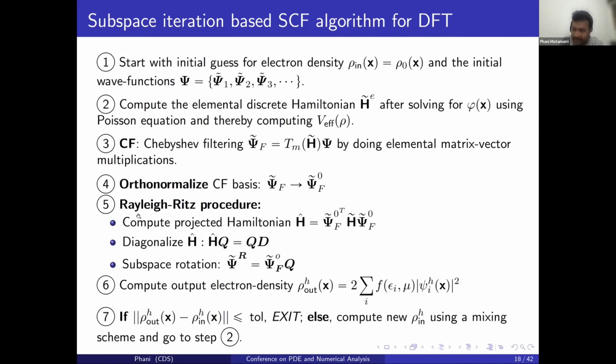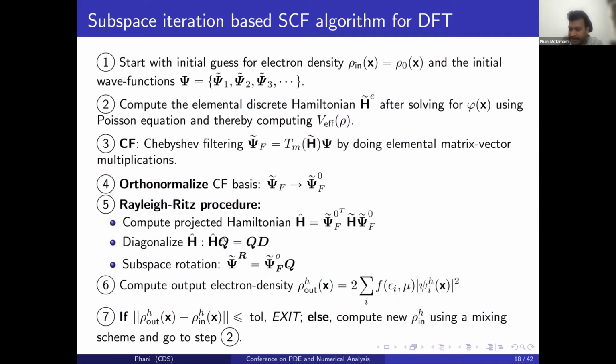And then you have the Rayleigh-Ritz procedure, which is standard in any iterative orthogonal projection technique for solving eigenvalue problems, where you compute the projected Hamiltonian into the Chebyshev filtered space. You're projecting the finite element discretized Hamiltonian H tilde into the Chebyshev filtered space, and this projected Hamiltonian will be a smaller Hamiltonian.